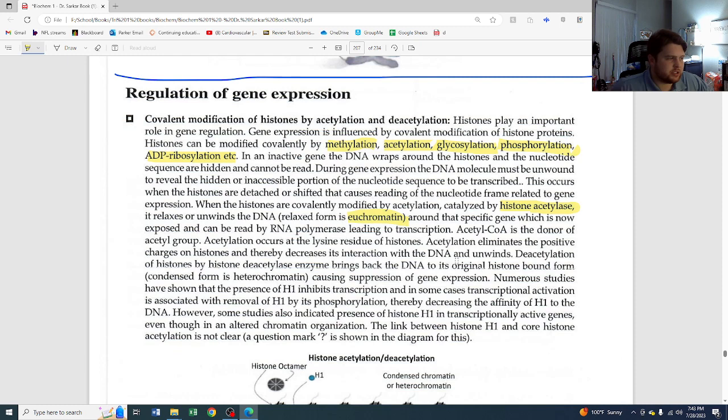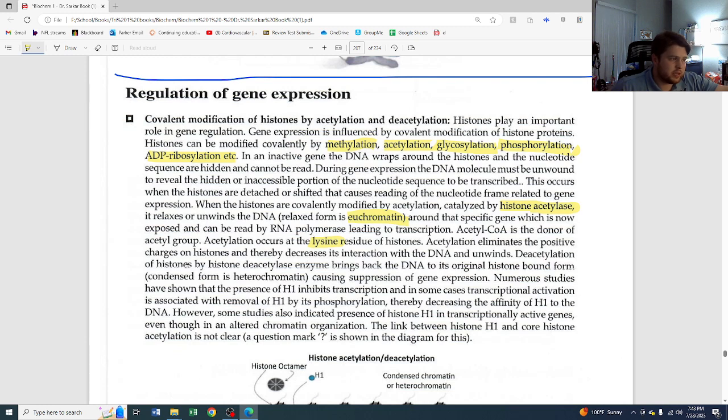Acetyl-CoA is the donor of the acetyl group. Acetylation occurs at the lysine residues of histones. Acetylation eliminates the positive charges on histones and thereby decreases its interaction with the DNA, and it unwinds.